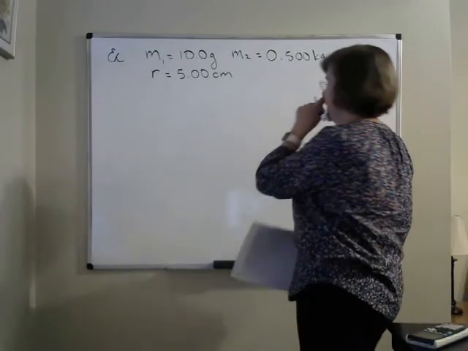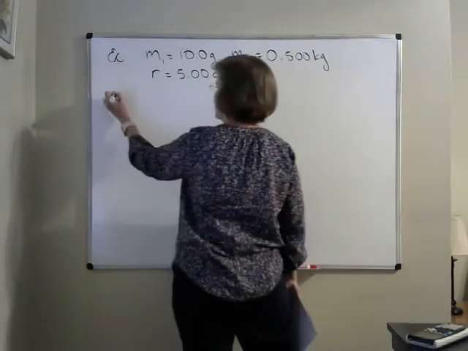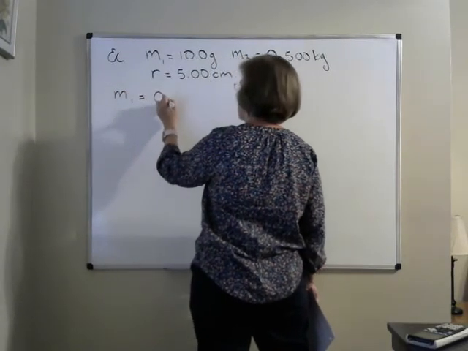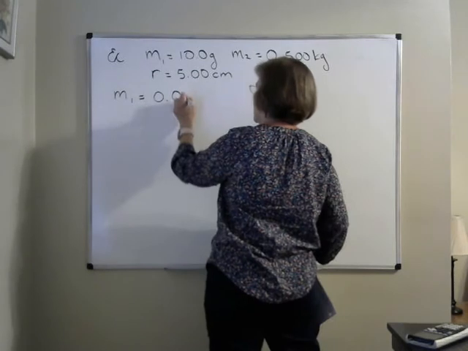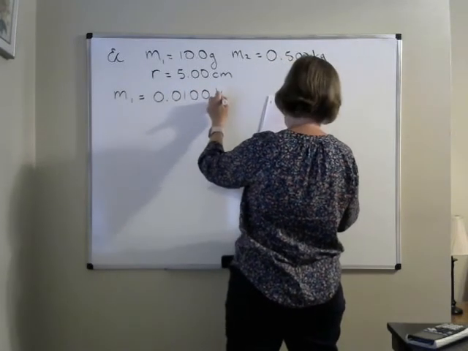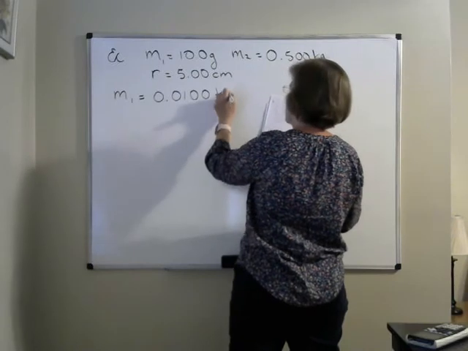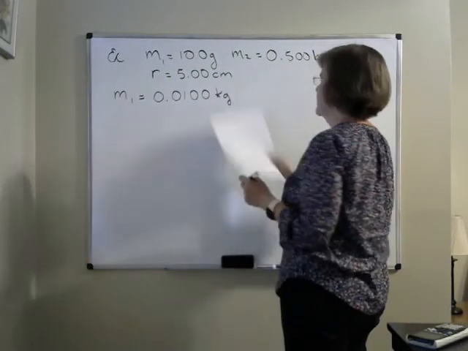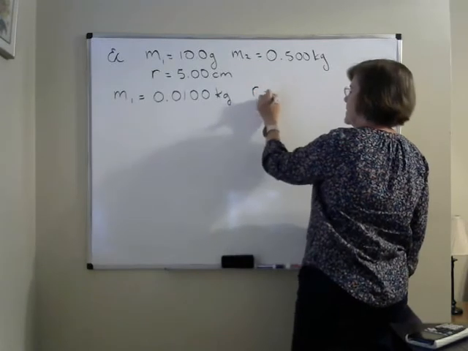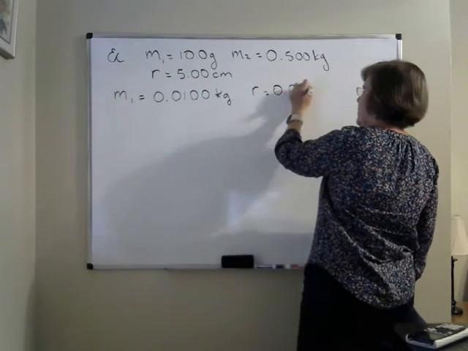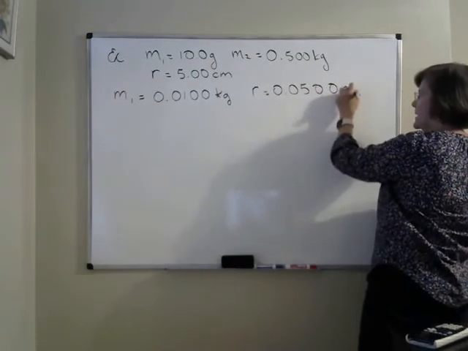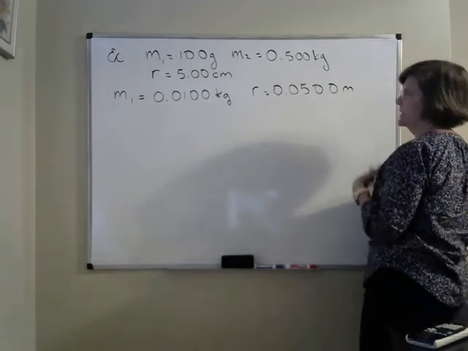That's an easy fix. So, mass 1, 10 grams, is 0.0100 kilograms. I kept the 3 significant digits they gave us. And r, 5 centimeters, would be 0.0500 meters. Again, I kept 3 significant digits.